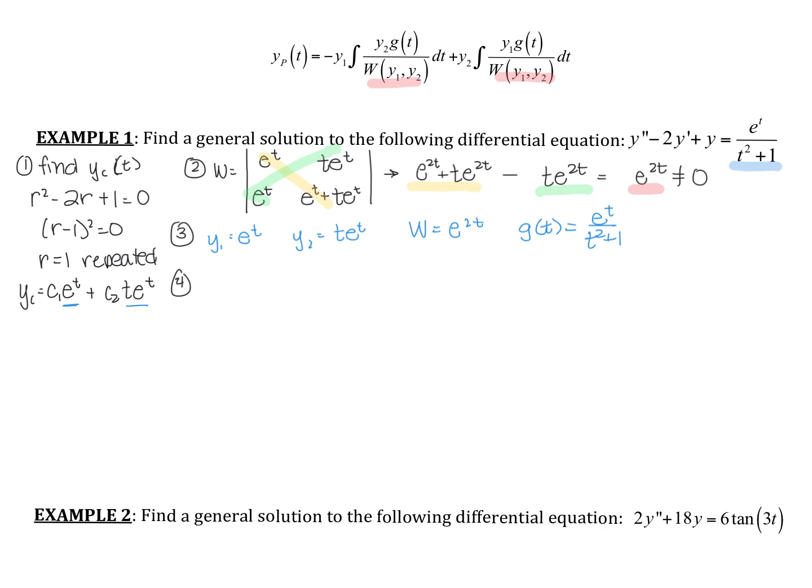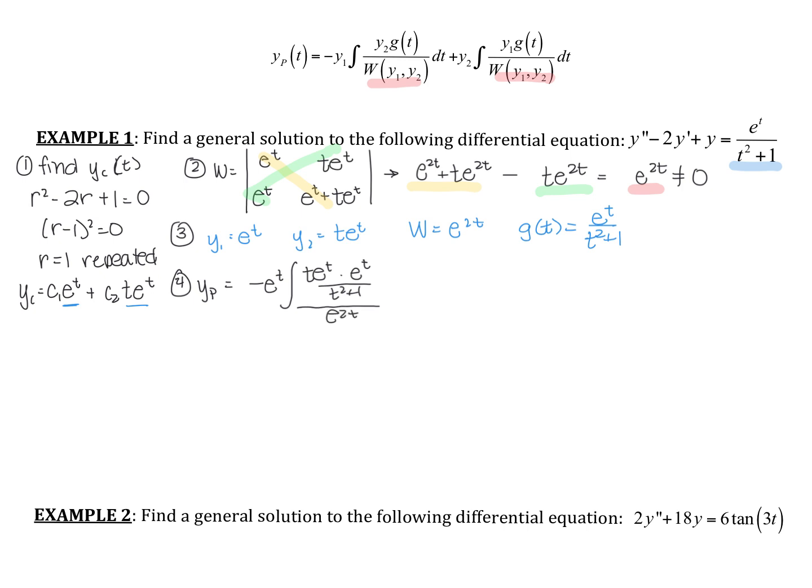So now my job is to find this particular solution, and it says we're going to take the opposite of y sub 1 multiplied by the integral of y sub 2, so te to the t, times the g of t, so that would be times e to the t over t squared plus 1, and I'm going to divide all of that by that Wronskian, which would be e to the 2t.